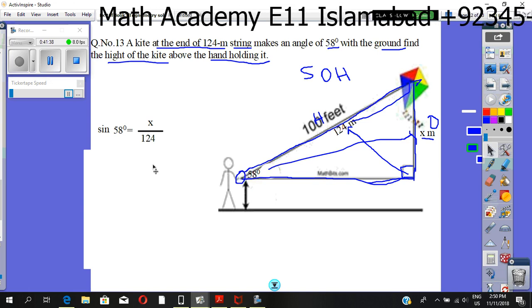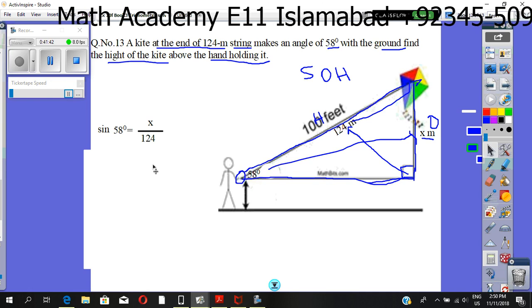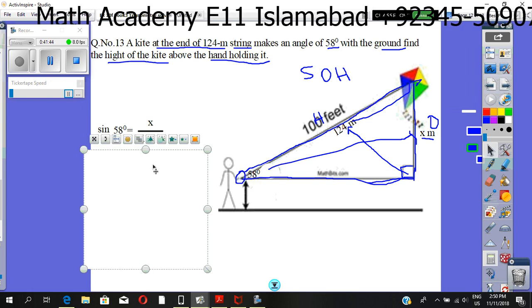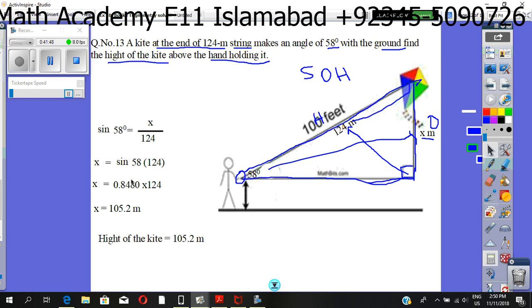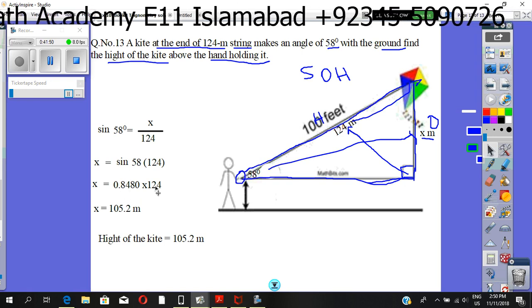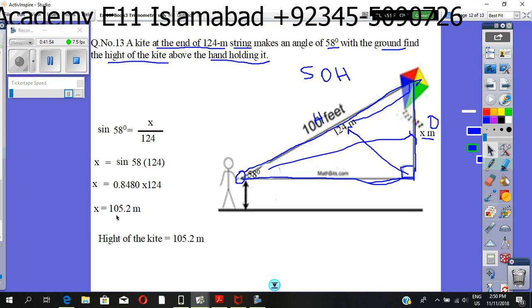If we calculate it, x equals sine 58 times 124. Sine 58 gives us 0.8480, and when we multiply by 124, it gives us 105.2.